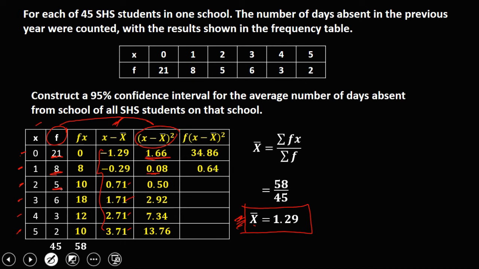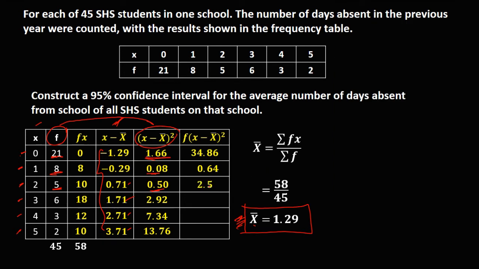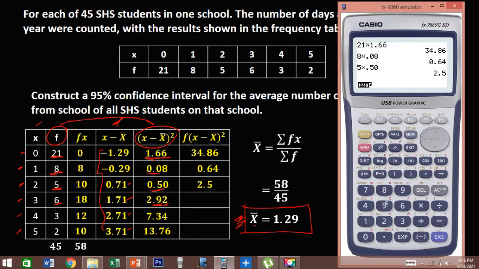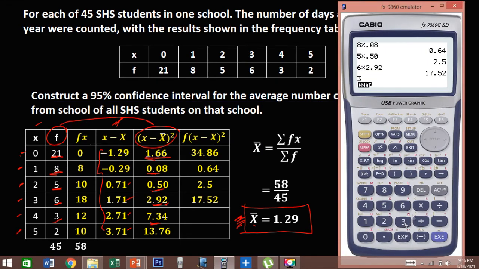Then 5 times 0.50, it's 2.5. Then this 6 times 2.92, 17.52.